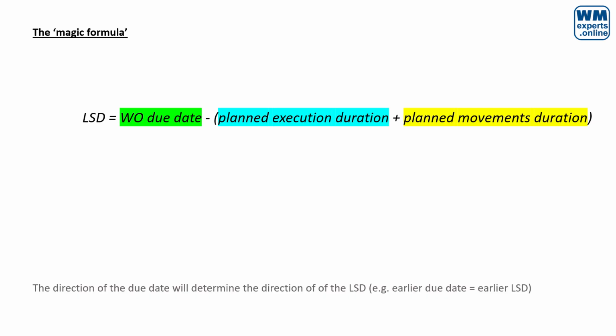So when you move the due date to an earlier point in time, obviously the LSD will also move to an earlier point in time, because the due date is the base for our calculation here, and from this date we subtract the execution and the movement duration. So an earlier due date means an earlier LSD.